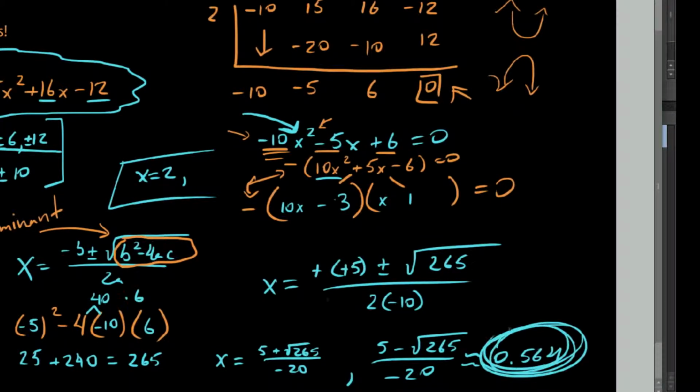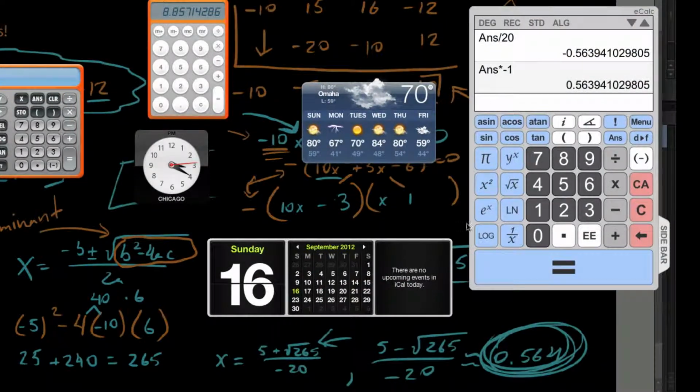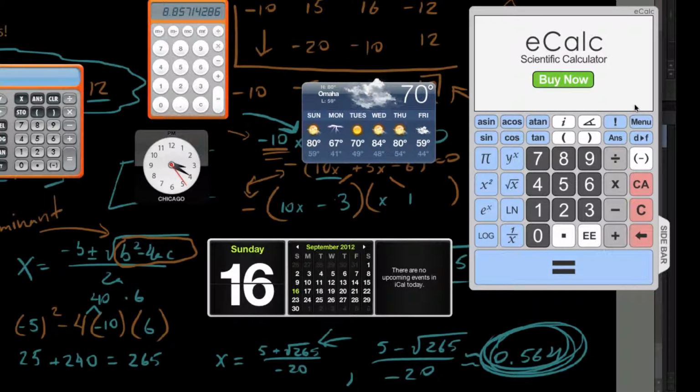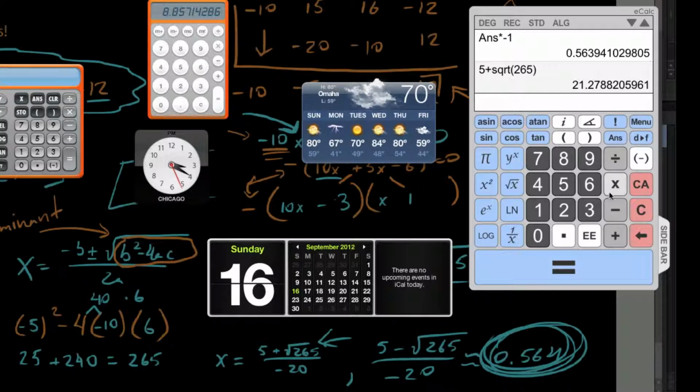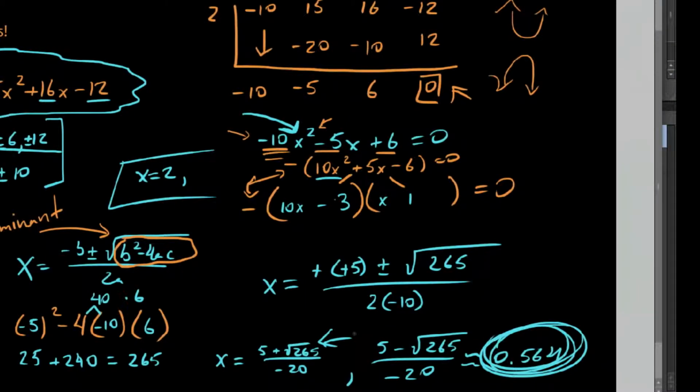Don't lose that. And then this one over here is 5 plus radical 265, all of that, enter, divided by negative 20. Then we get negative 1.064-ish.